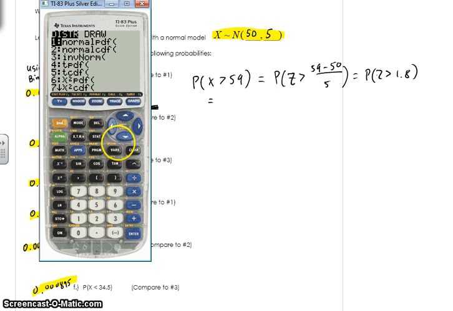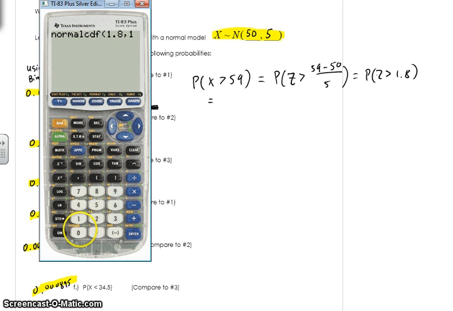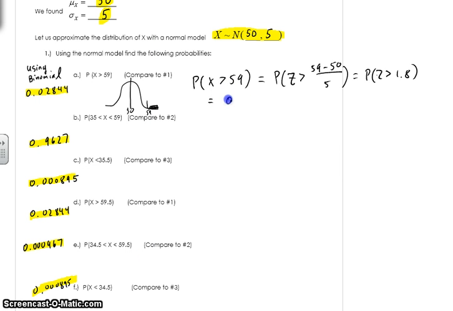So we would go normal CDF 1.8 comma a really big number like 5 or a million, and we get 0.0359. Okay, I'll highlight that in blue. We're supposed to compare that to what we got in number 1 on the previous problem, and you can see that they're not exactly the same, but they're not that far off at least.